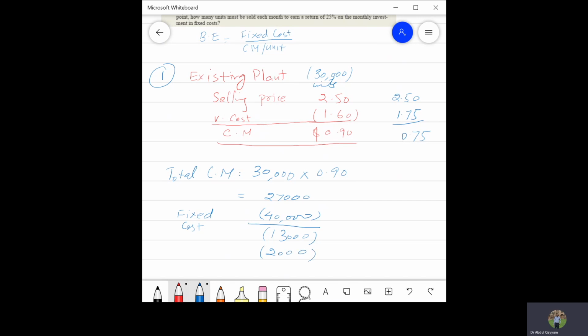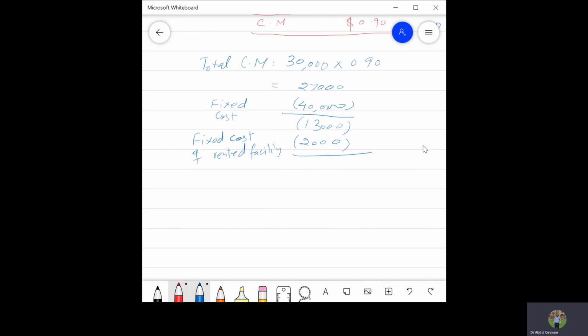So we have to cover this one too to get to the break even. So the total fixed cost we have to recover is $15,000.